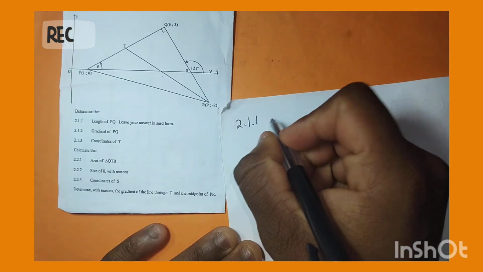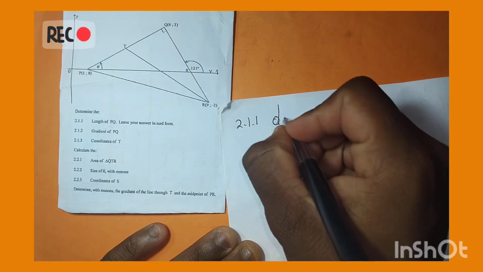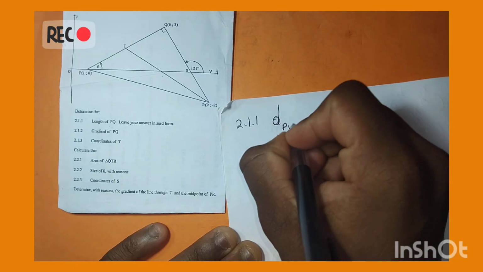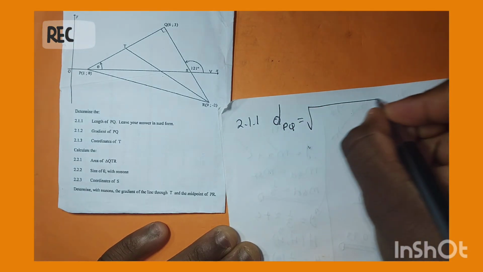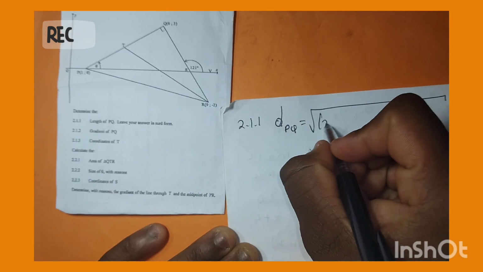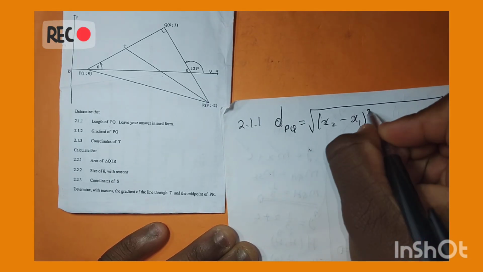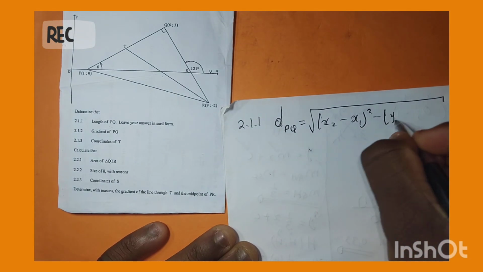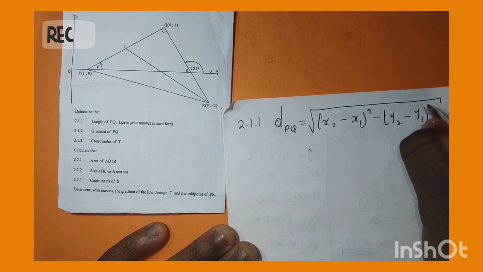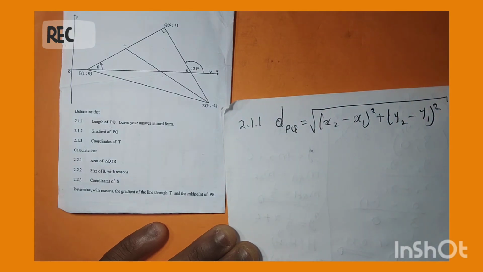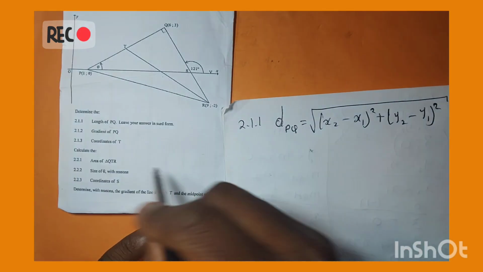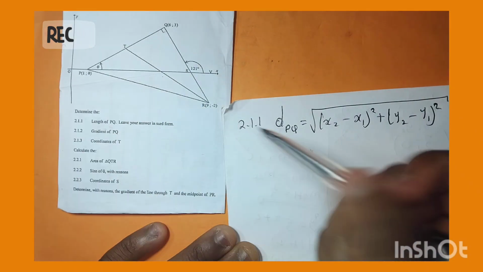In 2.1.1, what they need you to do is apply the distance equation, whereby it's the square root of (x2 minus x1) squared plus (y2 minus y1) squared. Do you see? So now let's focus on the line PQ.